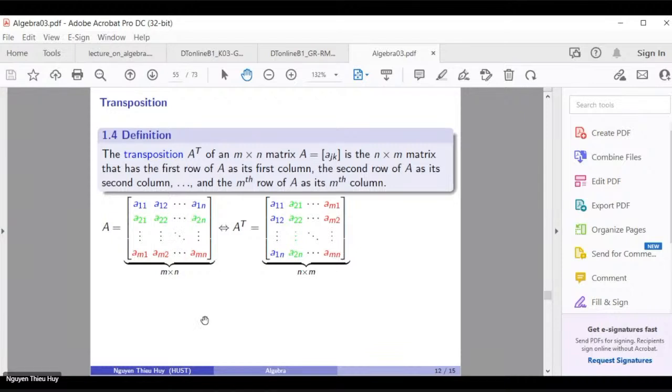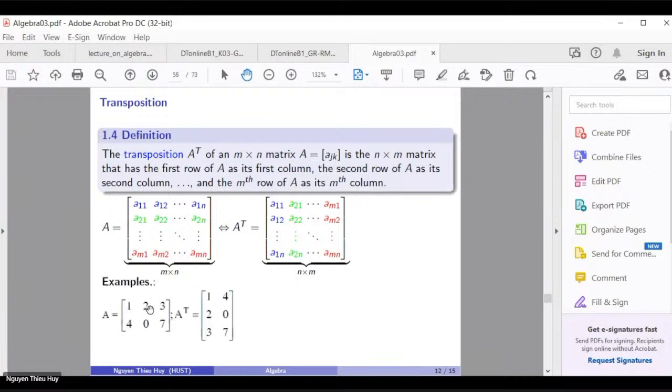The principle is very simple. You should write rows of A as columns of AT. Therefore the number of rows of AT is n, and the number of columns is m, because we write the m rows as columns. It interchanges the numbers of rows and columns.